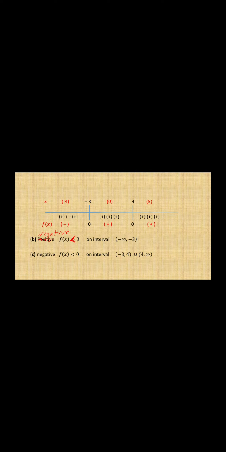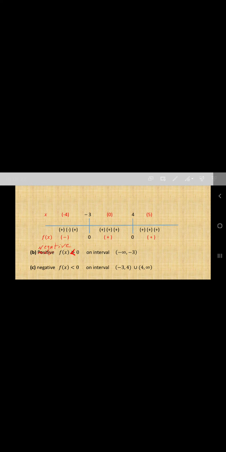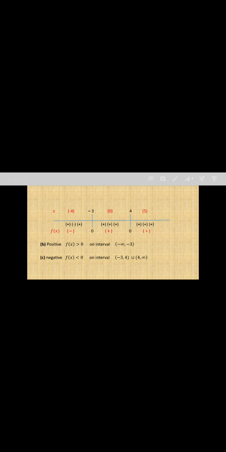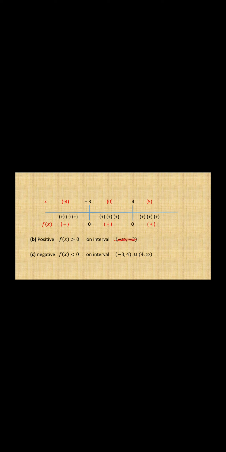And here it's positive in another interval, so the intervals changed. Let's correct this. It's positive from negative 3 to 4, union from 4 to infinity. And it's negative from negative infinity to negative 3. That's right. Here negative, positive, and here positive. It's okay?